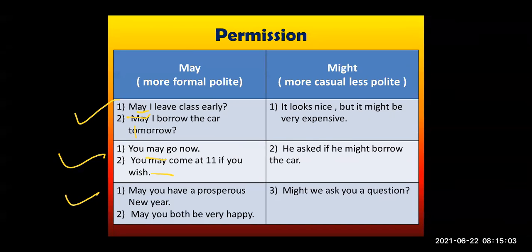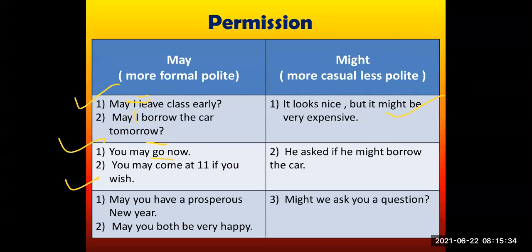Second, we are going to see when we are using might. The might is more casual or less polite. For example, see, it looks nice, but it might be very expensive. Now the thing is very nice, but the person doesn't want to buy it now.